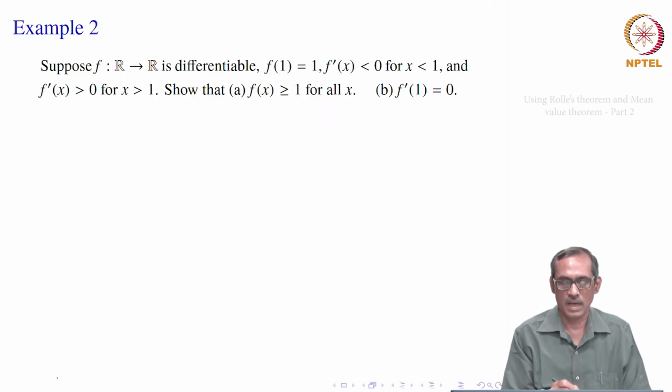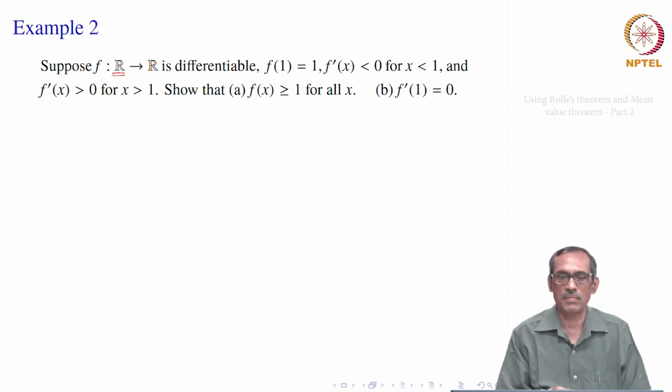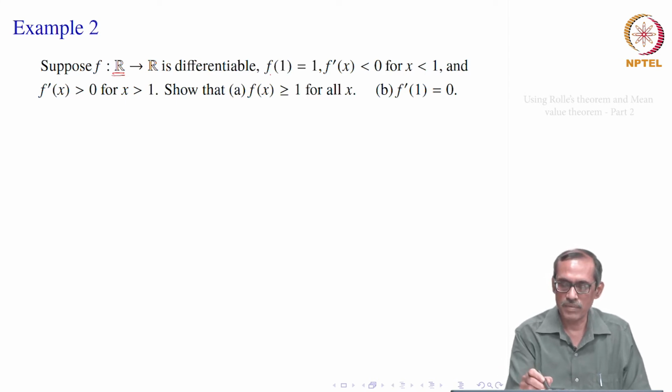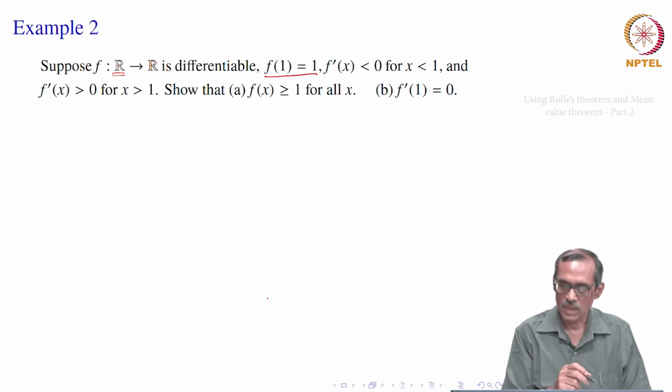Now, let us take another example. Here we have a function which is defined on the whole of R. So, f is a function from R to R, and it is known to be differentiable. Further, we have some more information that f(1) is equal to 1 and f'(x) is 0 for x less than 1. That is, at 1 it is equal to 1 and to the left of it f' is 0.